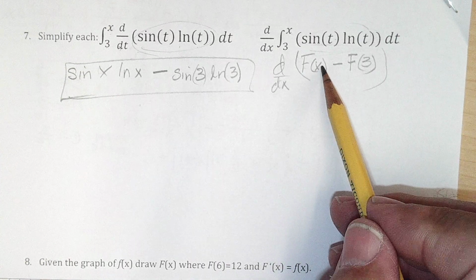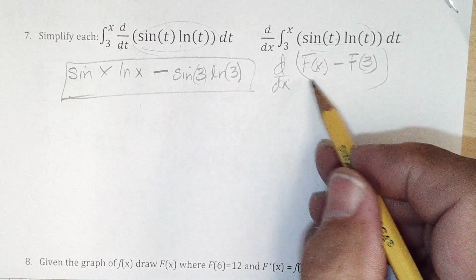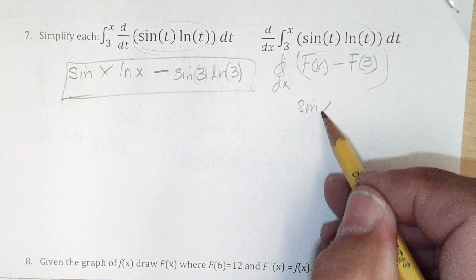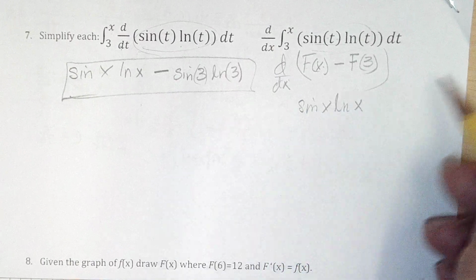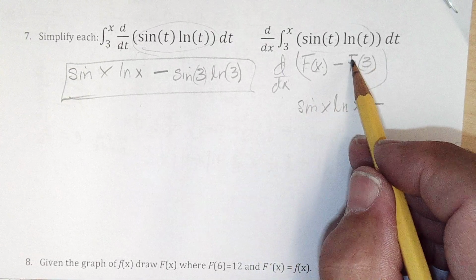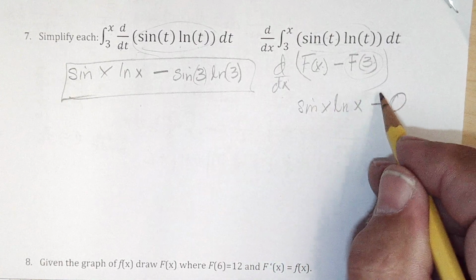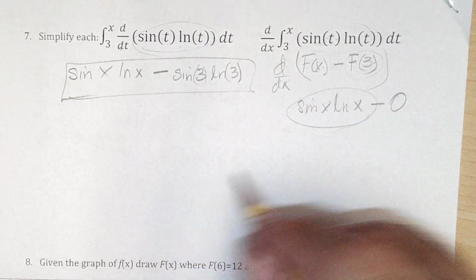So the derivative of F takes us right back to here with an x in it. So it's sine x ln x minus the derivative of F with 3 in, which is just a constant. Derivative of that's going to be 0. So we're done with just that.